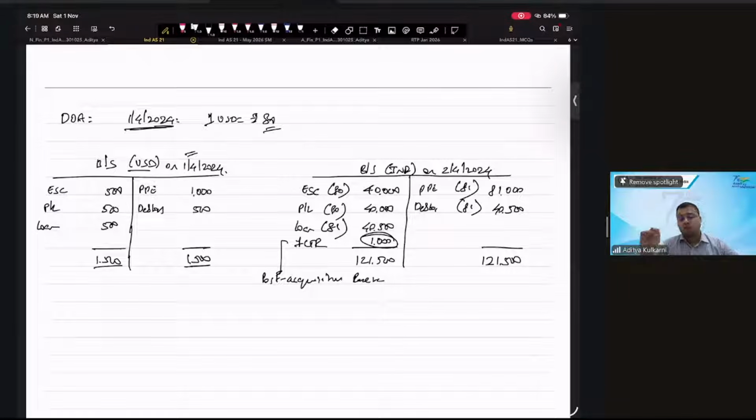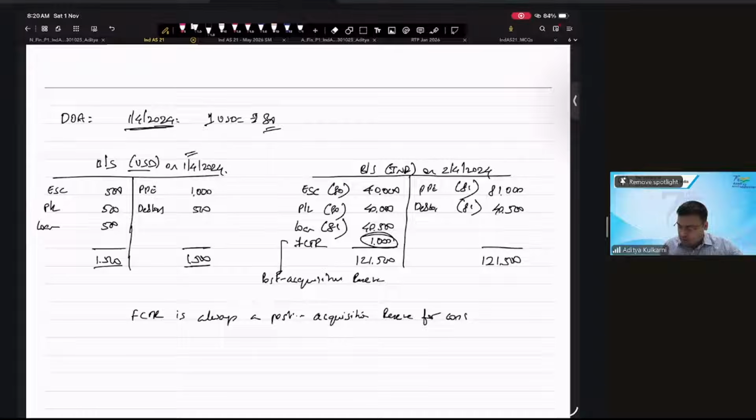But what is the outcome of the analysis? Any reserve will have pre and post. FCTR will always be a post acquisition reserve. FCTR is always a post acquisition reserve for consolidation purposes.